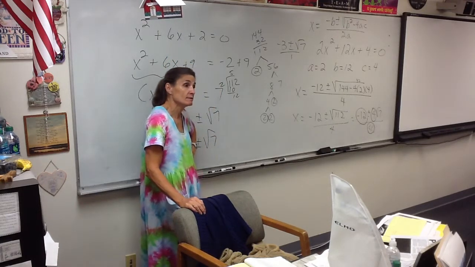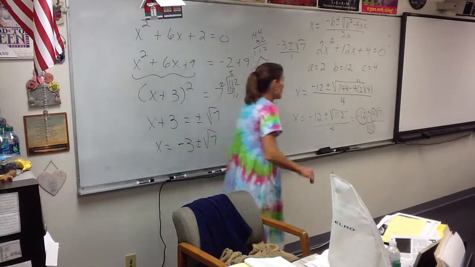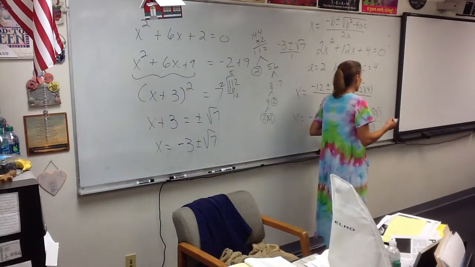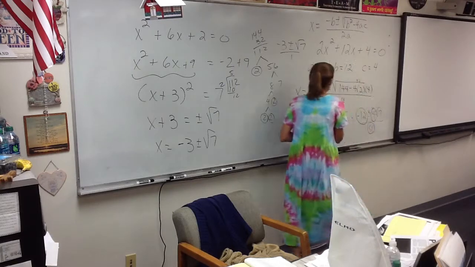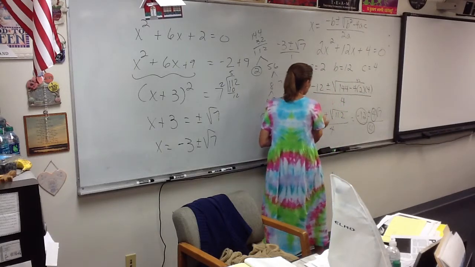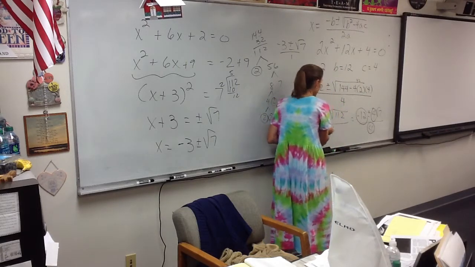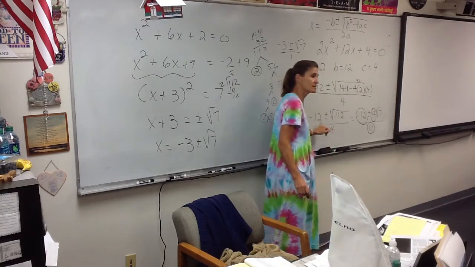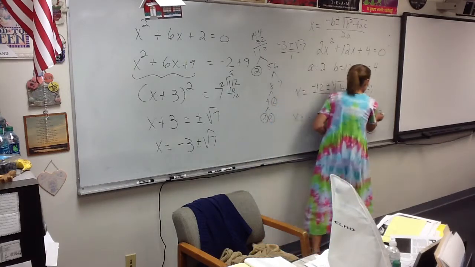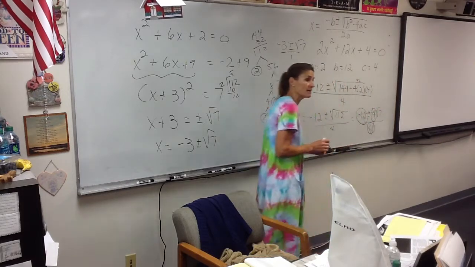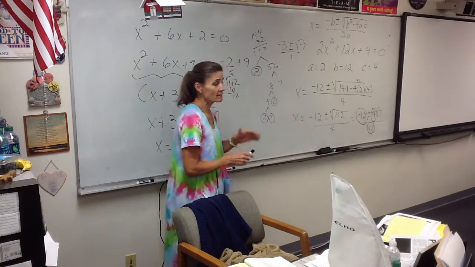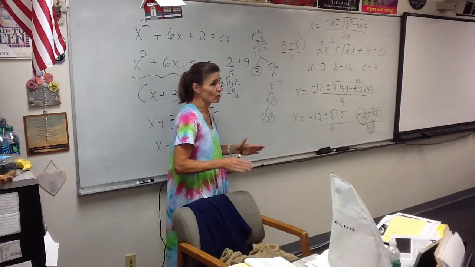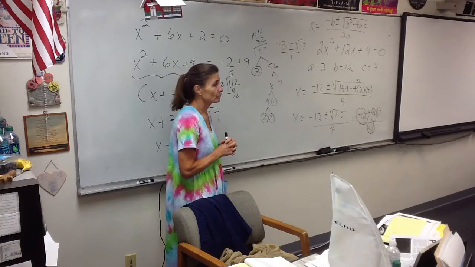You can't. Remember, this is a common mistake. At this point, I know there's a negative 12 and there's a 4 here, but they do not cancel. Remember, you must have this triangle of canceling. You can't cancel unless you've got the whole triangle going, okay?